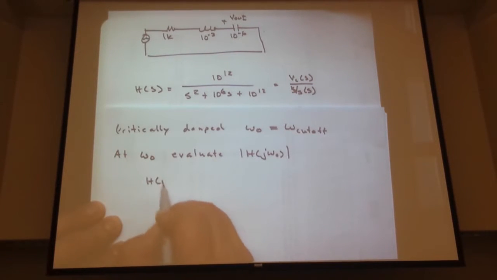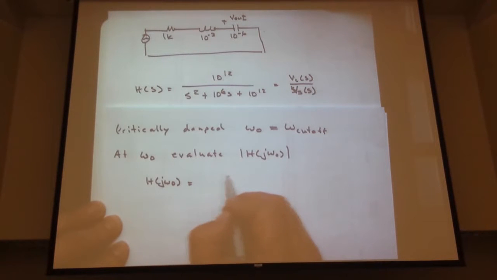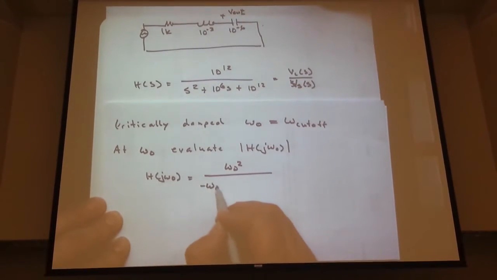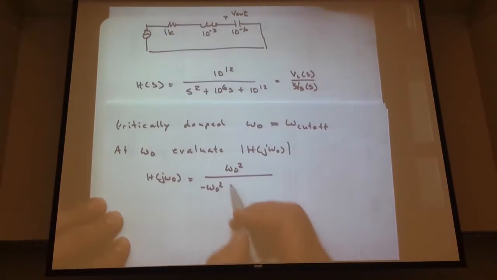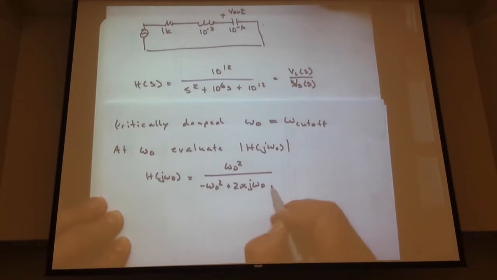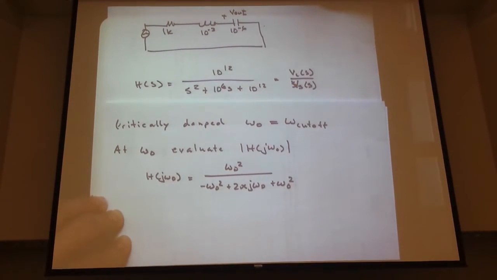So H of j omega naught always winds up being, in this case, omega naught squared over minus omega naught squared, that was 1 over LC there, plus 2 alpha j omega naught plus omega naught squared.